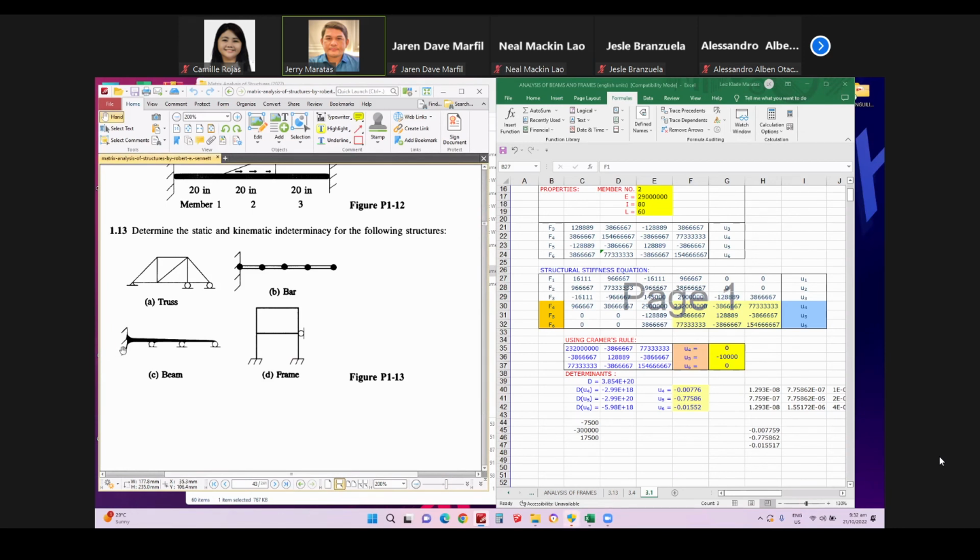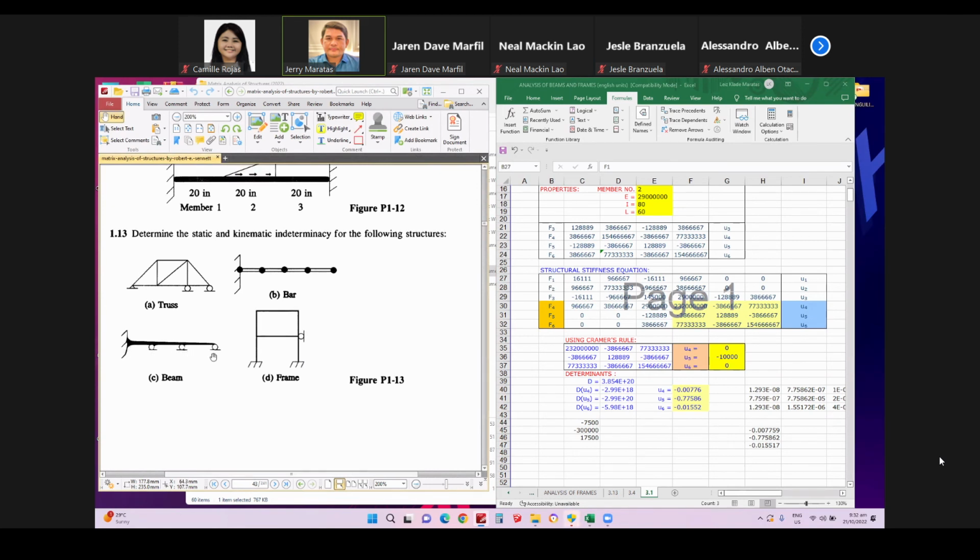Now, the boundaries: 2, 3, 4, 5. So it's 3. Your kinematic indeterminacy is 3. You have to expect your reduced differential to be 3 by 3. It will rotate there. So K, rotate, right?